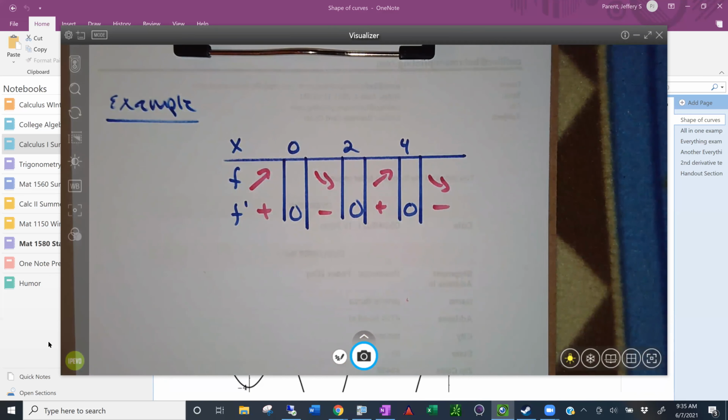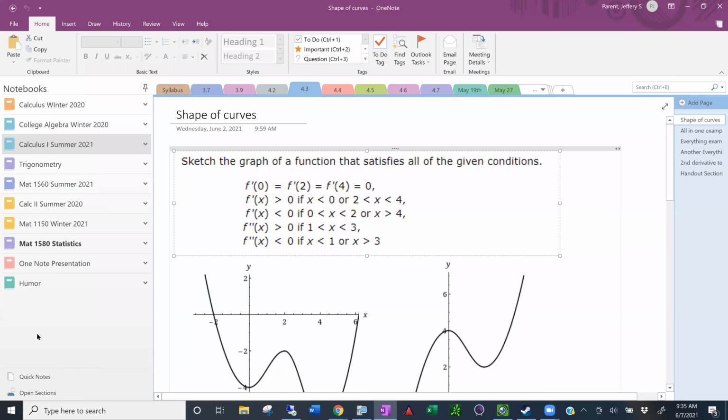They also give us some information about the second derivative. So the second derivative is greater than 0 for x between 1 and 3, and less than 0 outside of that interval. So I'm going to do a table with some more values here: x, f, f double prime, 1, and 3.